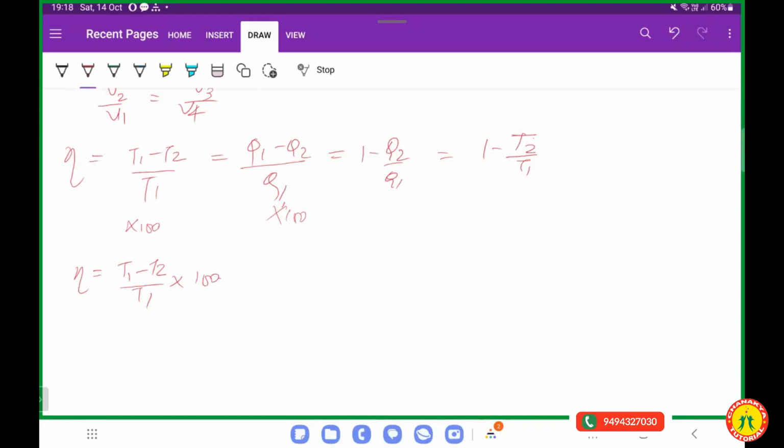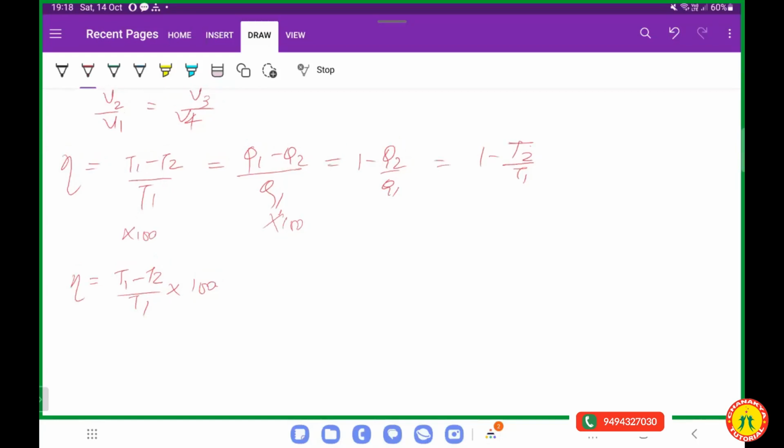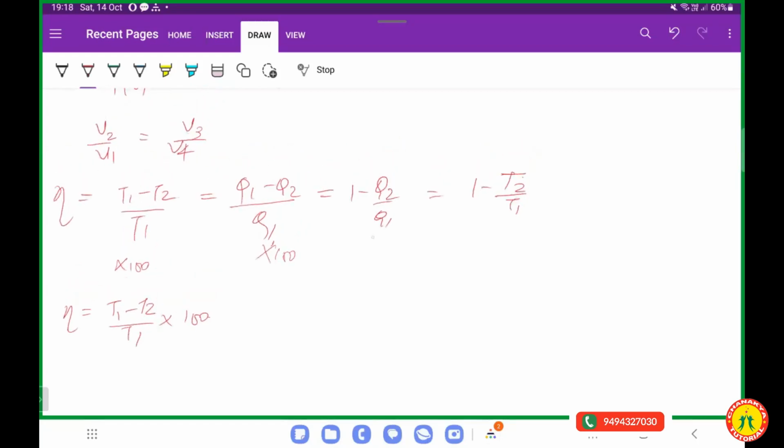It's less than 100%. Whenever we are using this ratio, Q2 will be at least a little bit lesser than Q1. It will leave at least 0.99 of Q1.